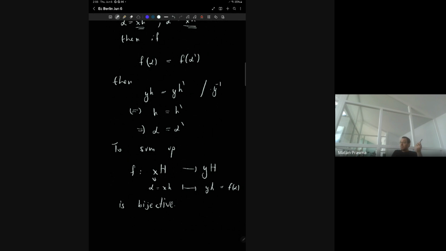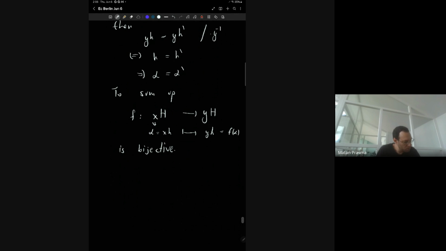But in case G and H are finite, bijective means that the two sets have the same number of elements, right? So now suppose G is finite.